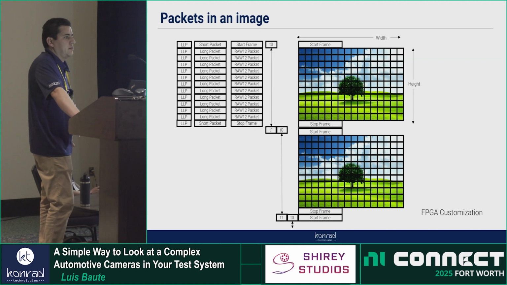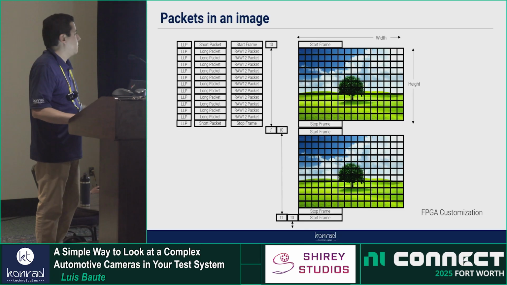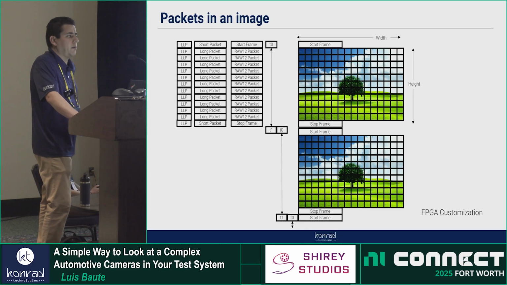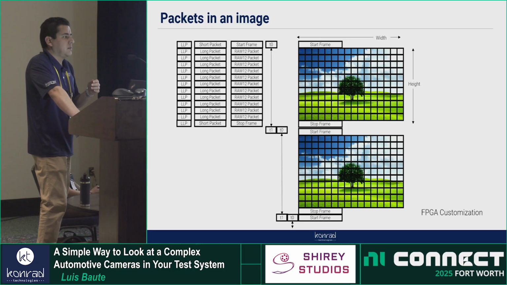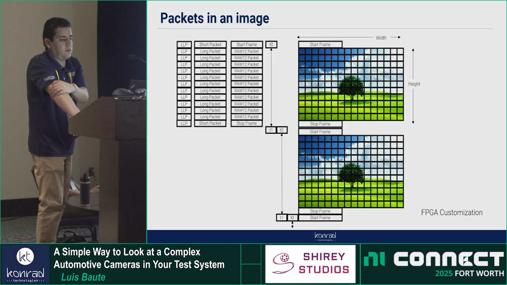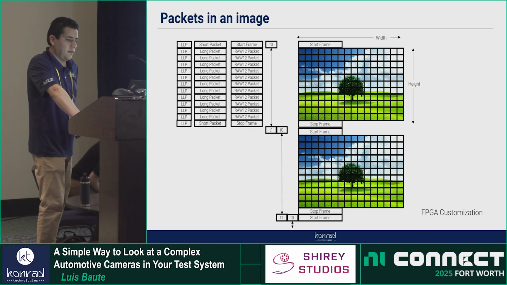You want to get the real FPGA rate. So we customized this to measure when we get the start frames, and then we get that frame rate directly from the FPGA. Also, when we start adding more cameras, you don't know how your system is going to behave if it's not the FPGA sending you the time to calculate this.